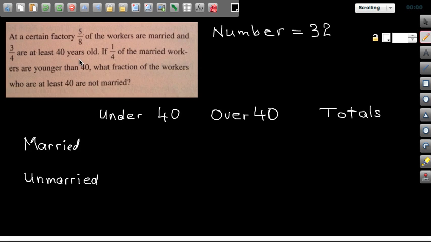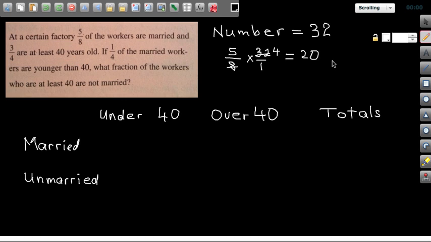So let's see. How many are married? So 5/8 of 32. So that would be 4. I would say there are 20 married. And 3/4 are at least 40 years old.